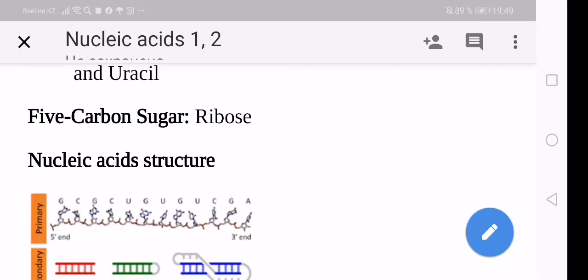The second difference is structural: DNA is a double chain and RNA is a single chain. And the third difference is composition. About this we spoke just now.